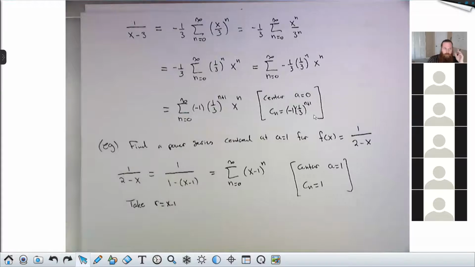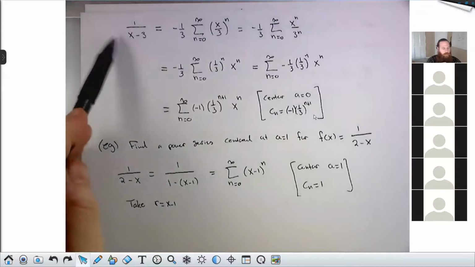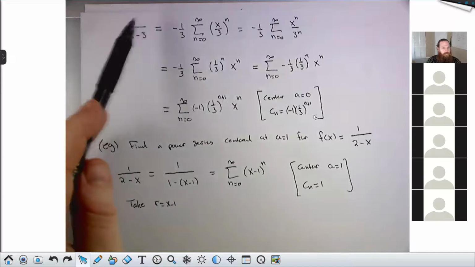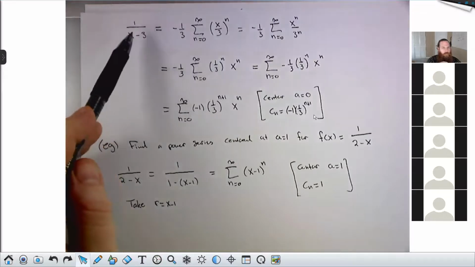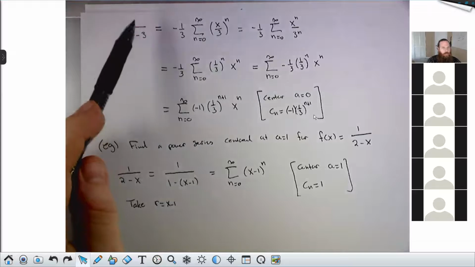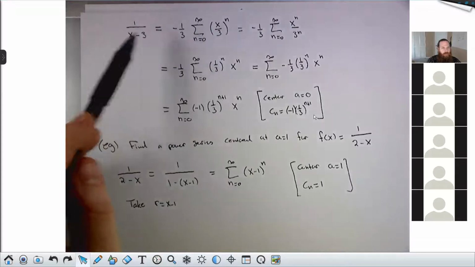Remember, if I give you an arbitrary rational function, that is a ratio of two polynomials, a fraction where the top and bottom are polynomials, and you factor the bottom, you can write any rational function as a sum of things that look like this, right? Like maybe with a different constant upstairs, but stuff that looks like constant over x minus constant.